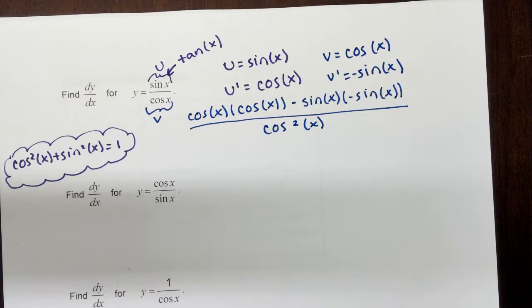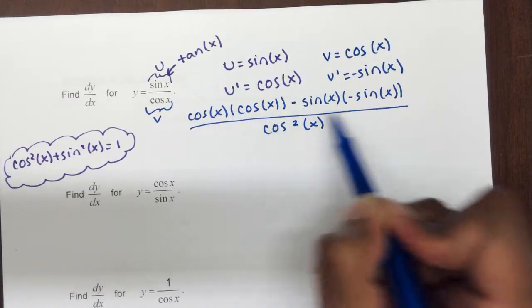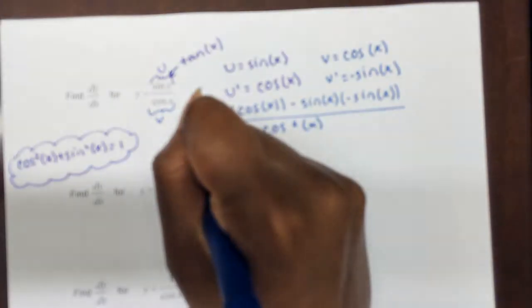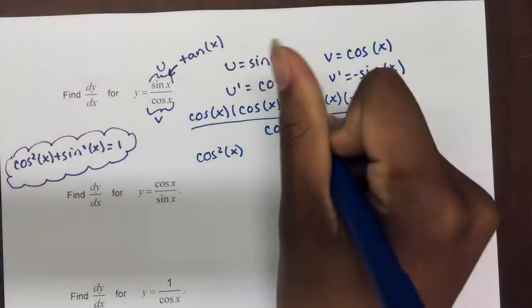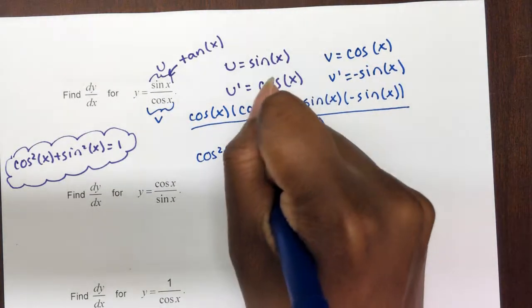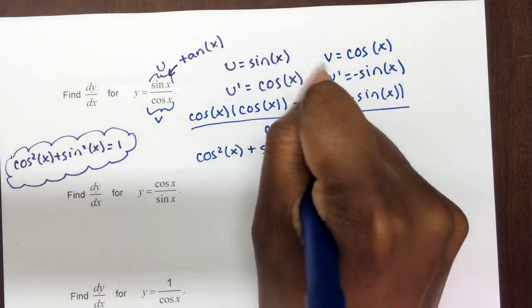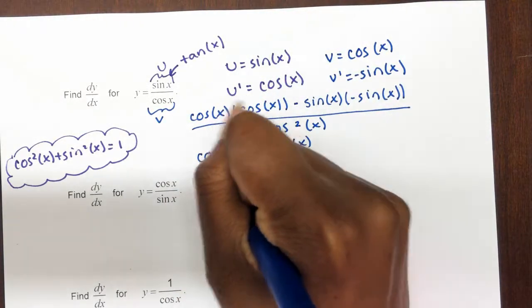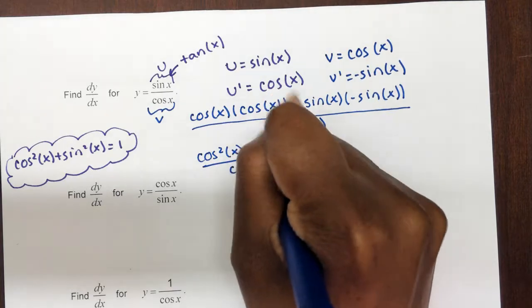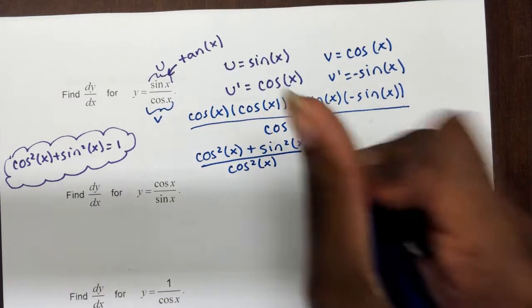So when we simplify this top row, we have cosine squared x, negative and a negative makes positive, so plus sine squared x all over cosine squared x.